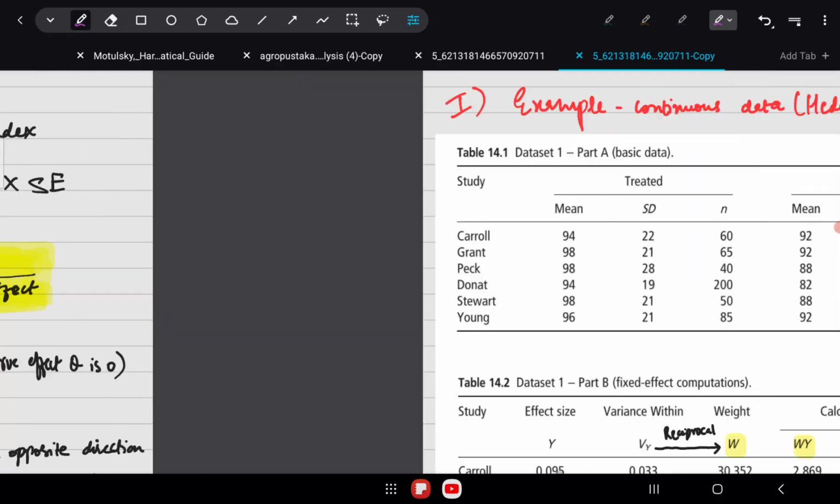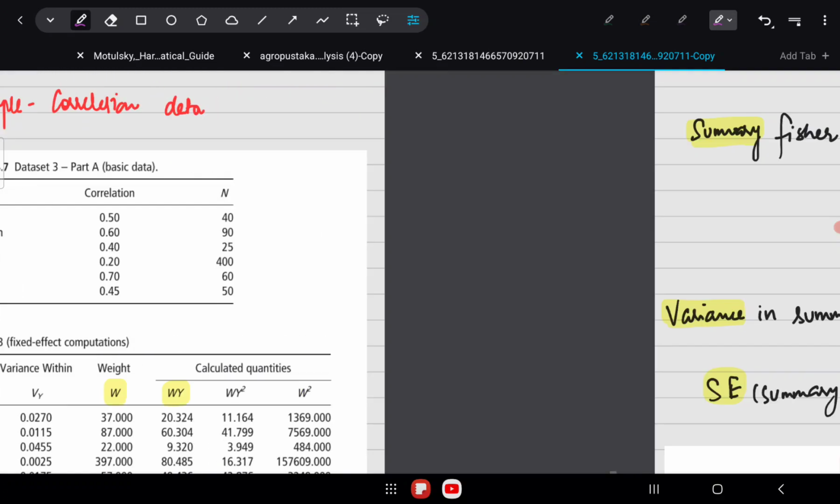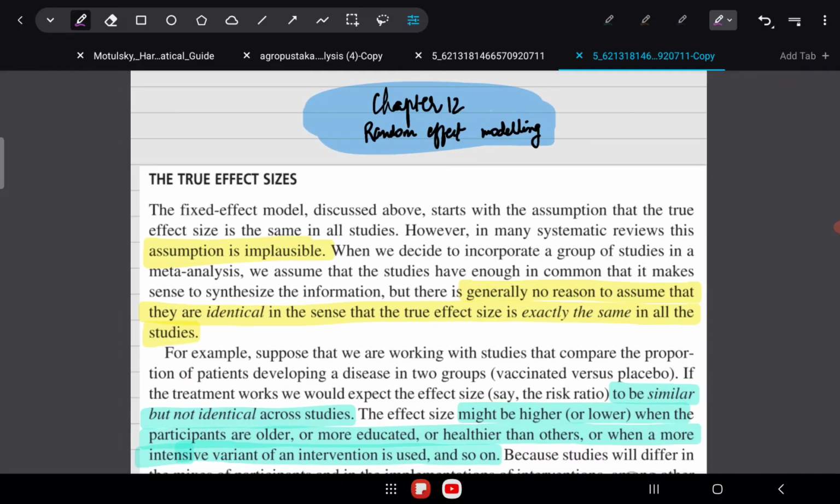So now let's talk about the assumptions in random effect modeling.